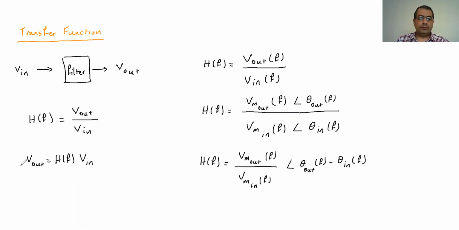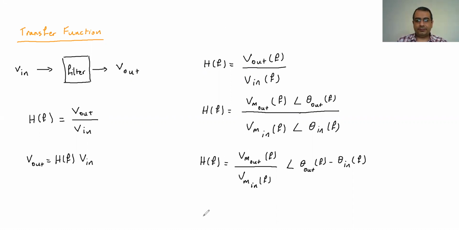If we multiply them, it's going to filter the input signal and give us the filtered signal as an output. Now, if you look here, this magnitude is the magnitude of our transfer function.